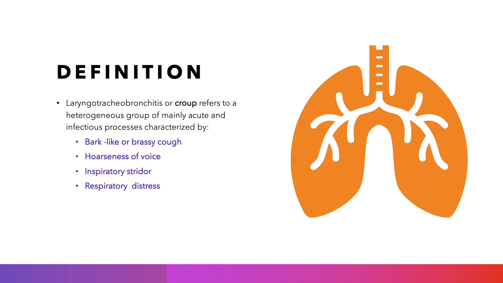It refers to a heterogeneous group of mainly acute and infectious processes that lead to inflammation of the larynx, trachea or bronchi, and it is characterized by a bark like or brassy cough, which is also known as seal like cough, and hoarseness of voice, inspiratory stridor and respiratory distress.